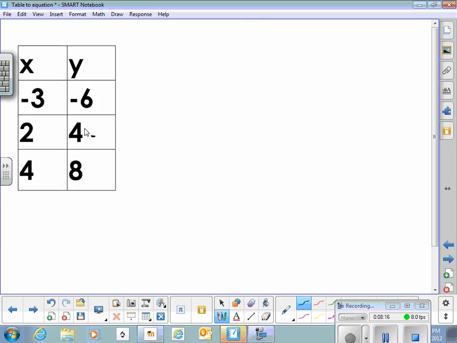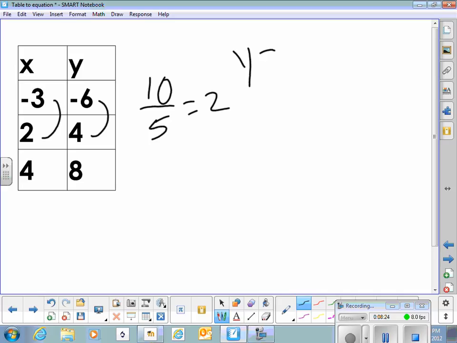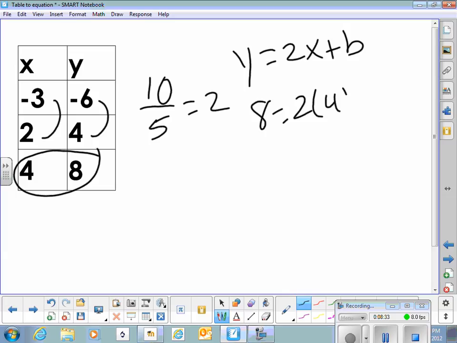Mathematically, the difference between 4 and negative 6 is 10. The difference between 2 and negative 3 is 5. Slope of 2. Y equals 2x plus something. Let's plug in a point. So 8 equals 2 times 4 plus something. So 8 equals 8 plus something.